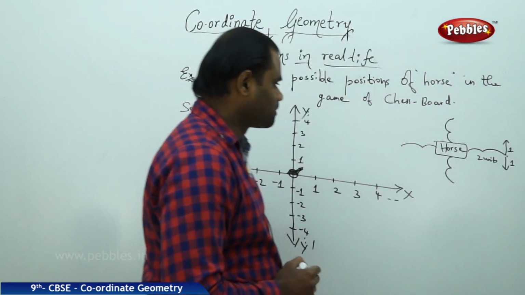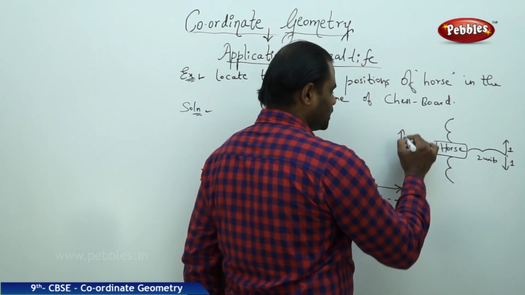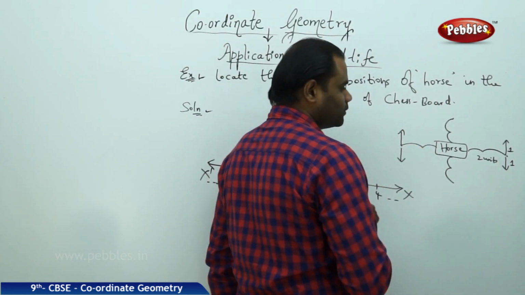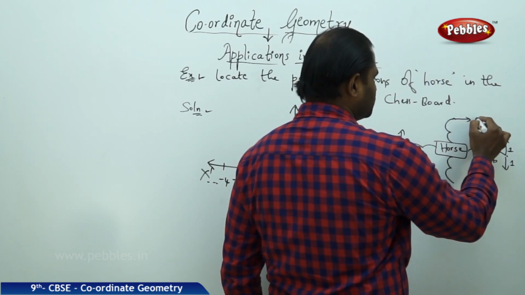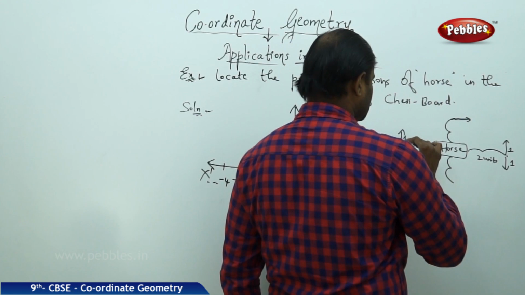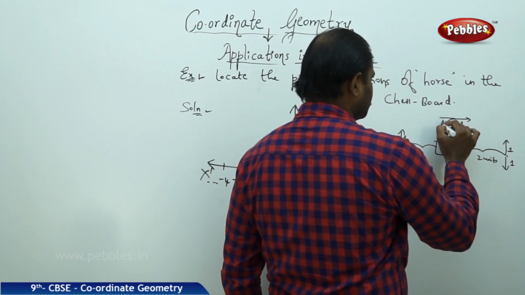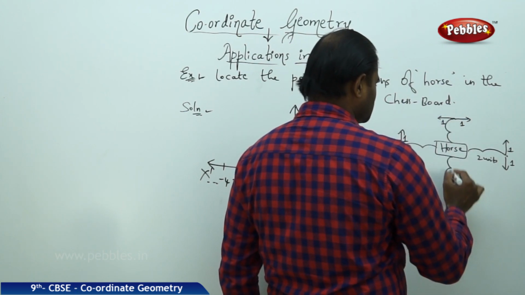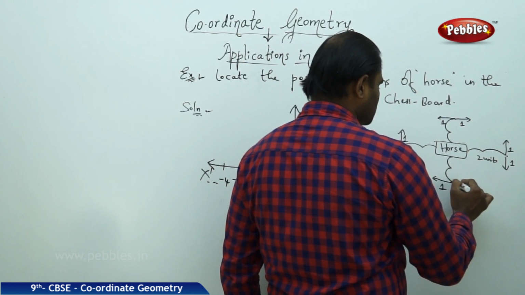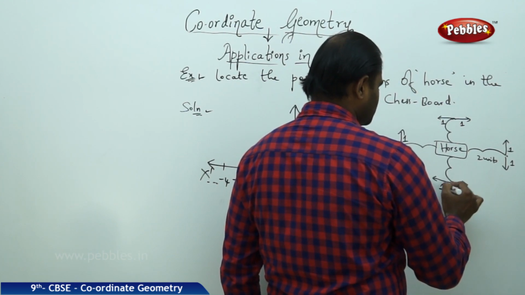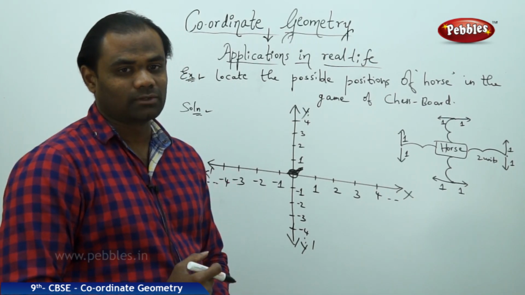If the horse moves 2 units left, then it can either move 1 unit up or 1 unit down. If the horse moves 2 units up, it can move either 1 unit right or 1 unit left. If the horse moves 2 units down, it can move 1 unit left or 1 unit right. This is how we understand the different positions of horse.